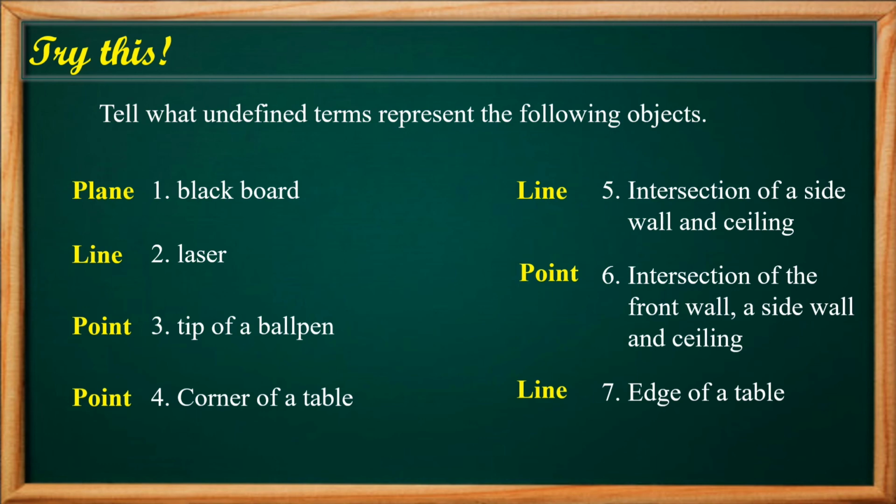Then, the second one is line, that there is a length but no width, no thickness. Then, the third one is a plane. There is a length, there is a width, but no thickness. Okay, those are the 3 undefined terms in geometry.